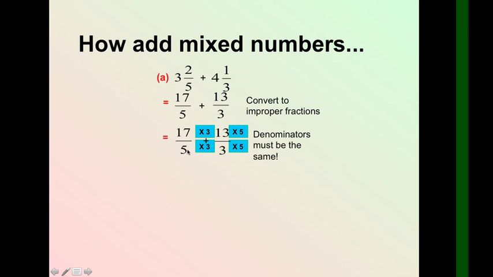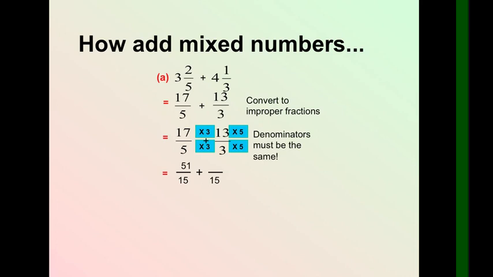Ang kanilang common multiple ay 15. How to get 15 when you have denominator 5? Multiply it by 3. How to get 15 when you have denominator 3? Multiply it by 5. Kung anong ginawa mo sa denominators, ganun din ang i-multiply mo sa mga numerators. So, you will have 15 for both terms as the denominator.